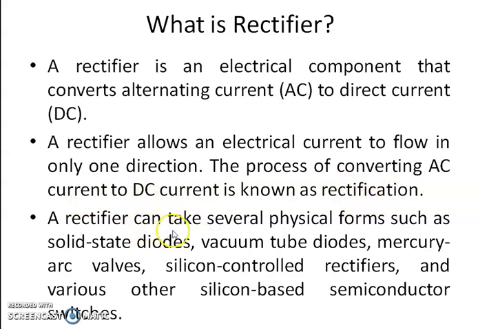A rectifier can take several physical forms such as solid state diodes, vacuum tube diodes, mercury arc valves, silicon controlled rectifiers, and various other silicon based semiconductor switches. So for the conversion of alternating current to direct current, rectifiers are used.